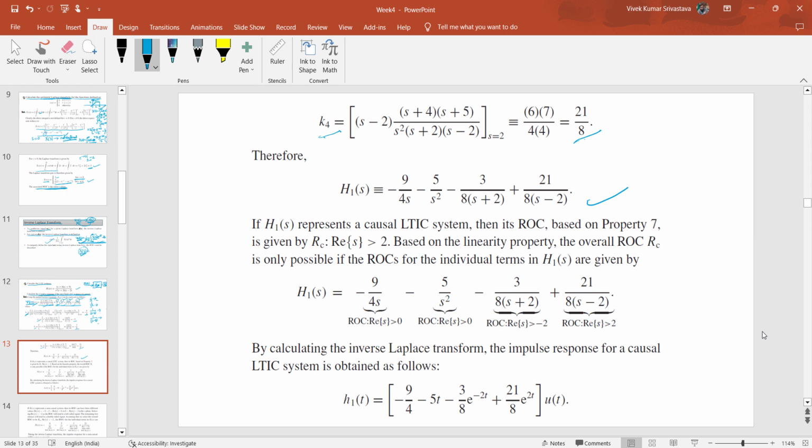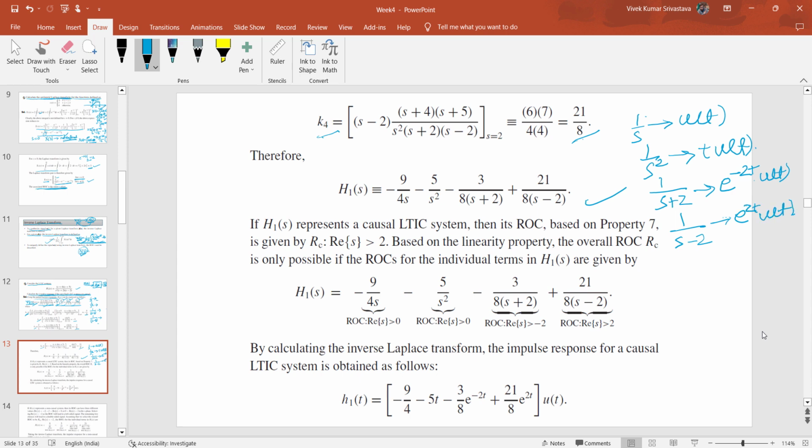Now, we know the inverse Laplace transform of 1 over s is u(t), 1 over s square is t times u(t), 1 over s plus 2 is e to the power minus 2t times u(t), and 1 over s minus 2 is e to the power 2t times u(t).